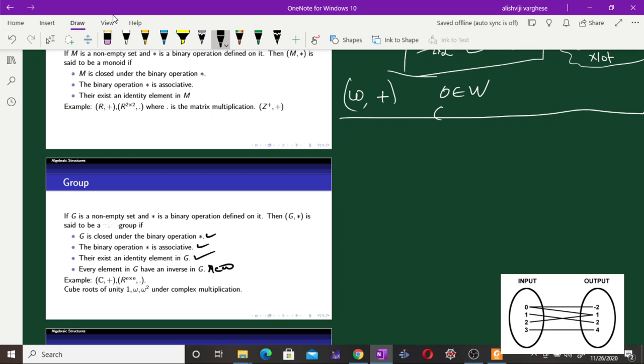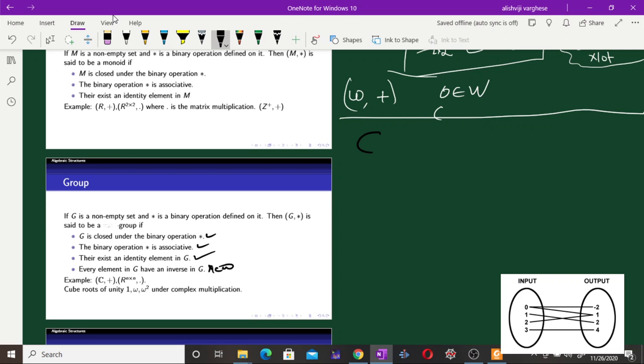All others are already present in monoid. So if there exists an inverse in G for all elements of the underlying set G, then it is said to be a group.